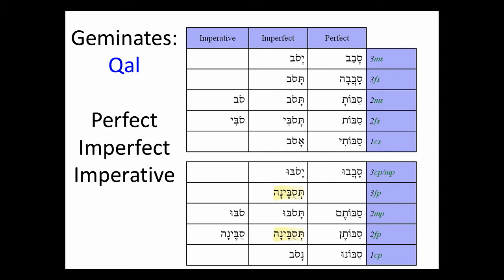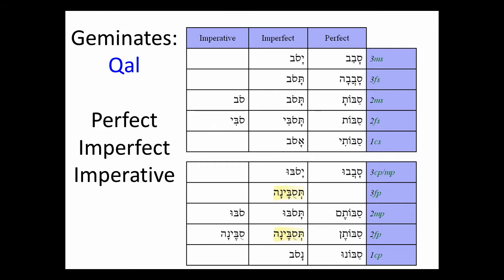I just want to more or less walk through what you see in Futato here in a little detail, just to maybe try to calm your nerves as far as the geminates go. But in the Qal, in the perfect, now we've said, and you should know by this point, that one of the keys to parsing is knowing your lemma. In fact, it's just fundamental to being able to parse.